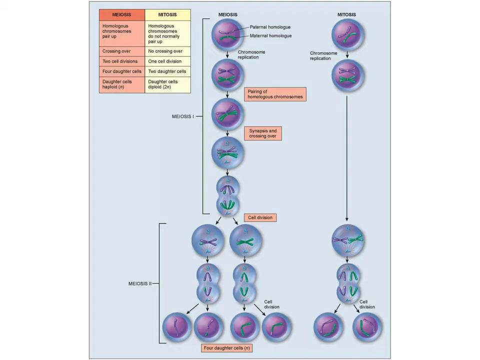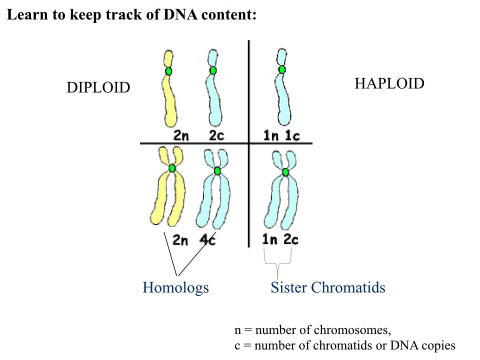And just to rehash a point, let's look again at keeping track of what is diploid, what is haploid, what are homologs, and what are sister chromatids. So up in our first box, we have the normal state of all the somatic cells in our body.